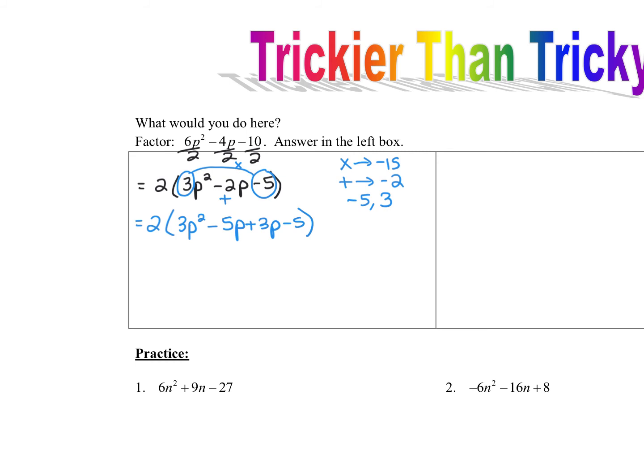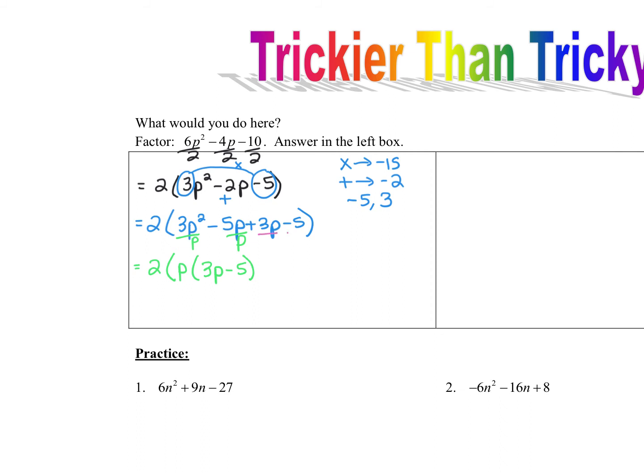Once again, you look at the first two terms, 3p squared minus 5p, and what you can factor out of there is a p. When you factor out a p, you're left with 3p, and -5p divided by p is -5.